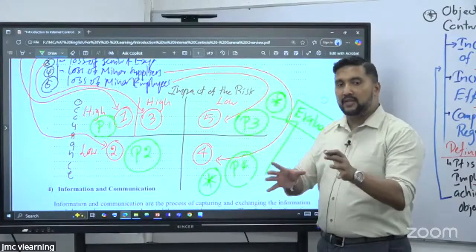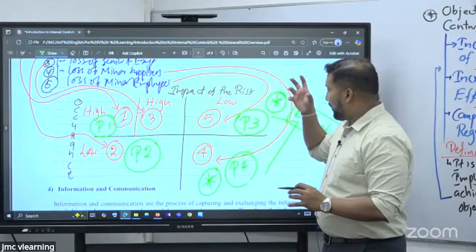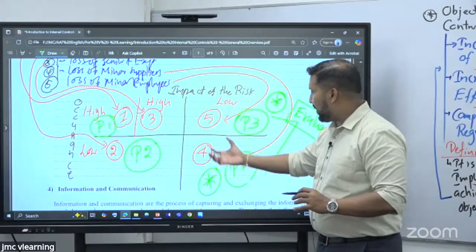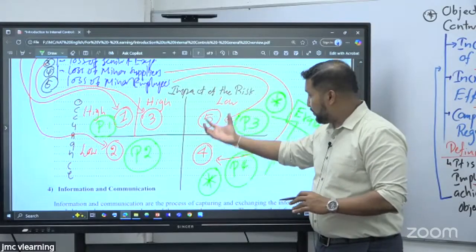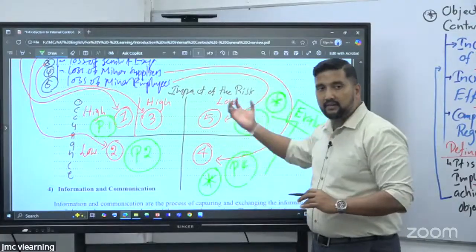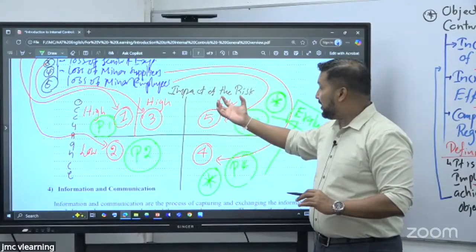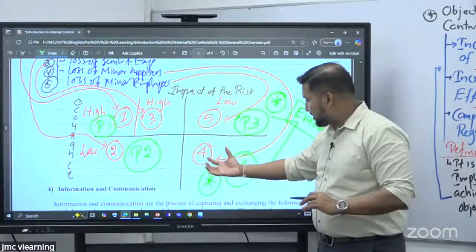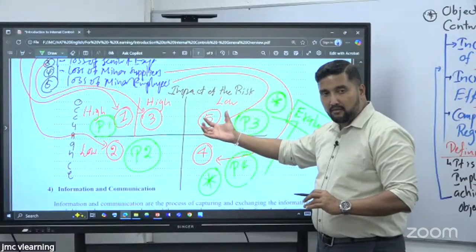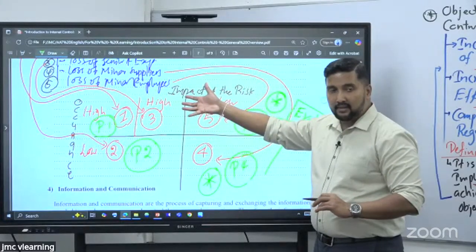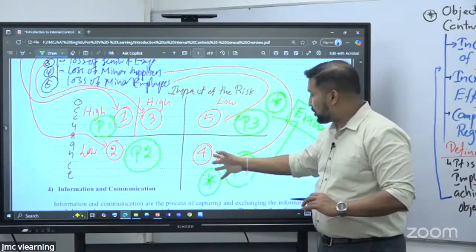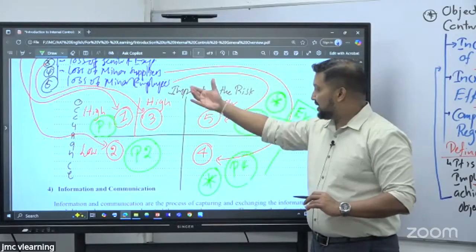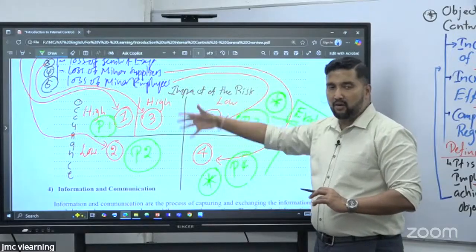If I am the managing director of this company, I will not be wasting my time providing solutions for risk 4 and risk number 5, because that is basically at the managerial level for me. Clear? No point wasting my time on risk number 4 and risk number 5, where I have much more critical risks than those 2, where I need my resources and my attention first.